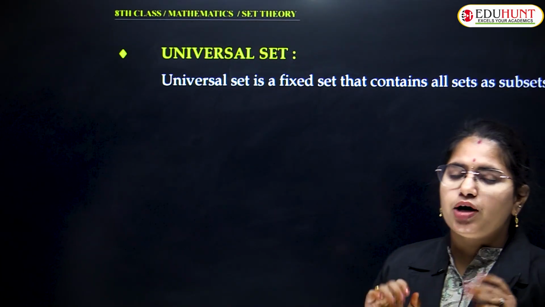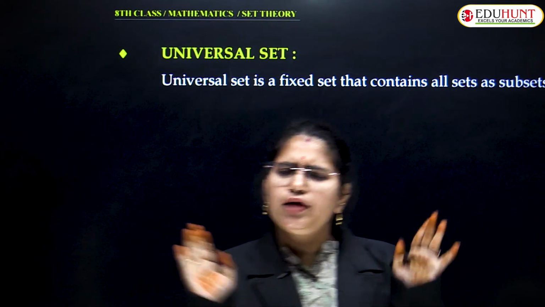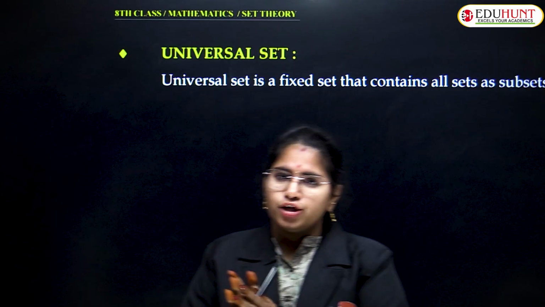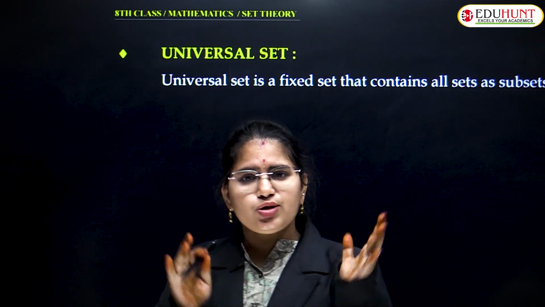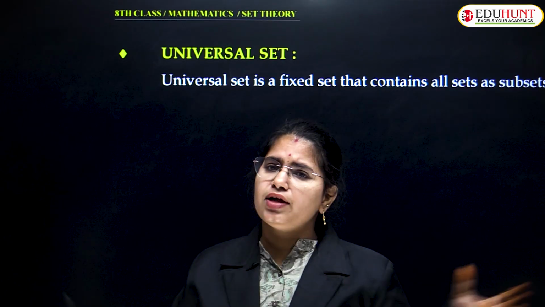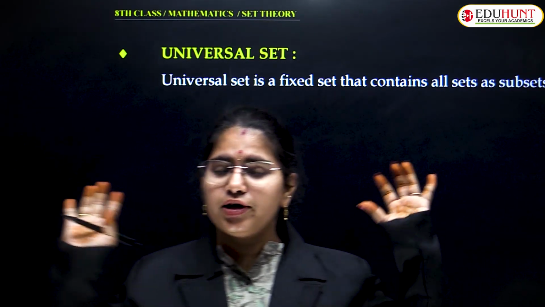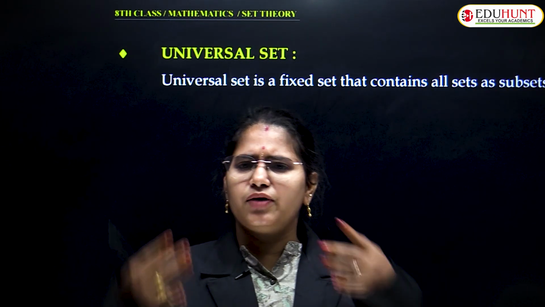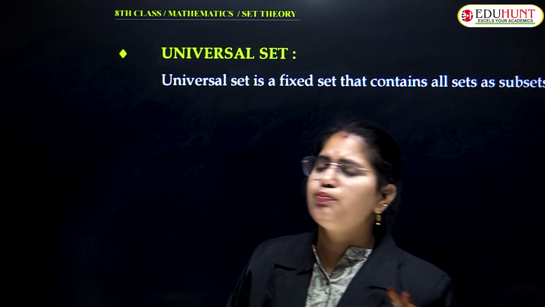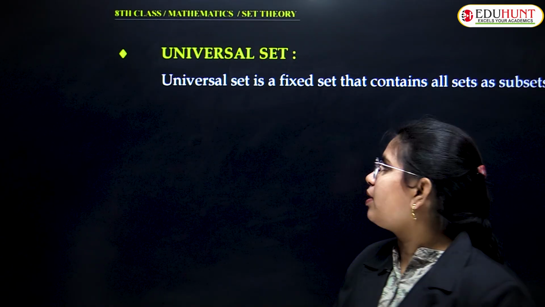Next one, you are going to learn about universal set. A very good definition. Universal set. Basically, what is universe? Universe is nothing but you'll have everything, right? Universe means it comprises, it is a collaboration of everything. It will include everything like planet system, everything. The same thing refers here.